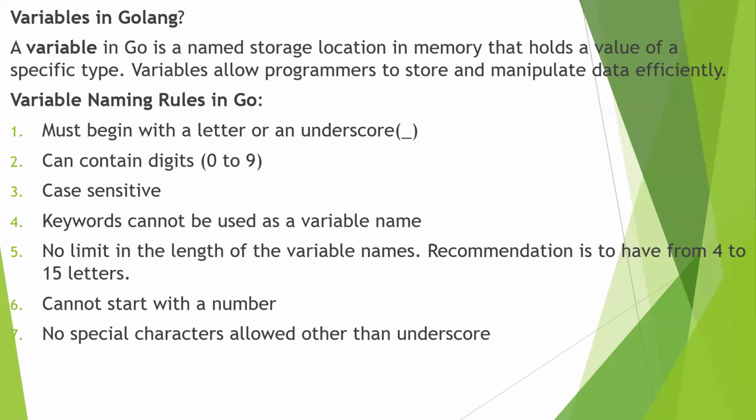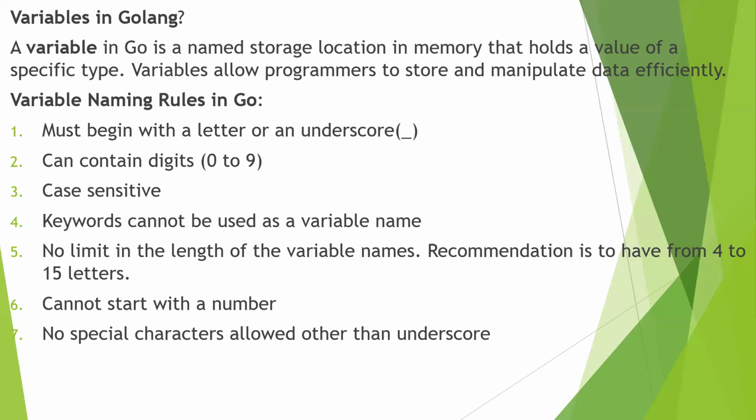There are certain keywords in Golang, and we cannot use those keywords as variable names. There are roughly around 25 keywords in Golang.